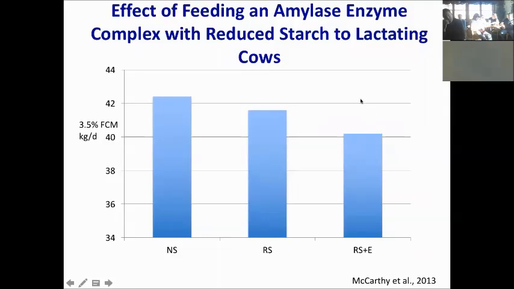And I think we would all come to the same conclusion right now that there is some supportive data that would suggest that these exogenous enzymes from an amylase standpoint might work, but it's not consistent enough to date. And we're looking for some new formulations, some new data to better support the use of those types of enzymes.